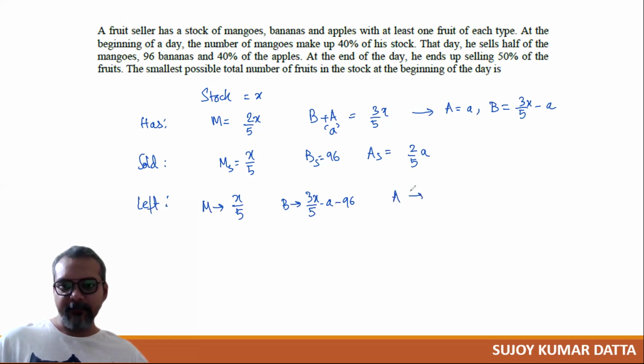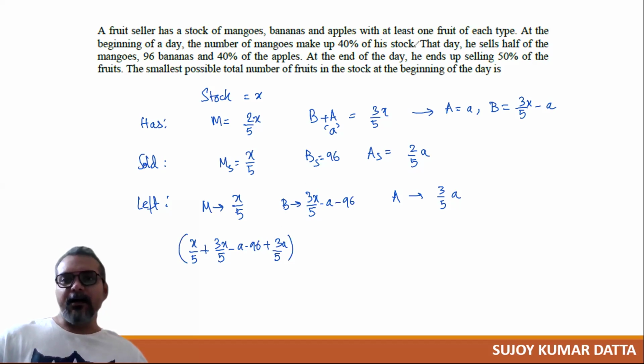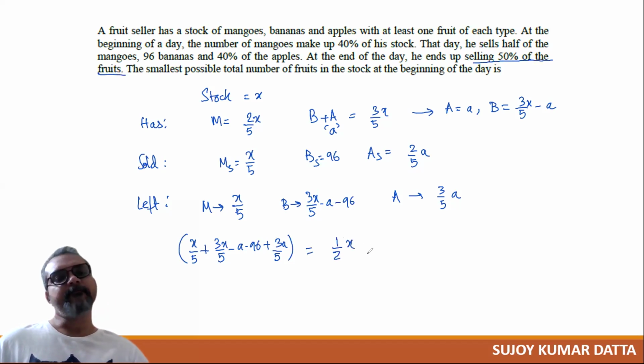And finally apples left with him: A minus 2/5 of A. So total number of items remaining with him is x over 5 plus 3x over 5 minus A minus 96 plus 3 over 5 A. Now at the end it's mentioned that he has ended up selling 50% of all the fruits. So that means what is left is half of what he started off with, so it is half of x.